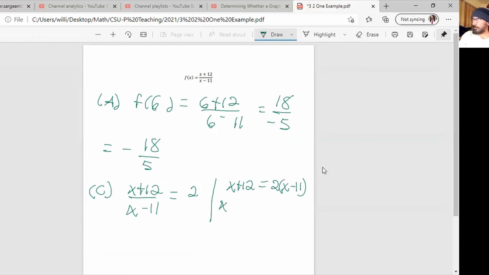Distribute. Combine like terms. Let me write it like this. I'm going to both subtract x from both sides and add 22. So that's the x value that produces y equals 2.